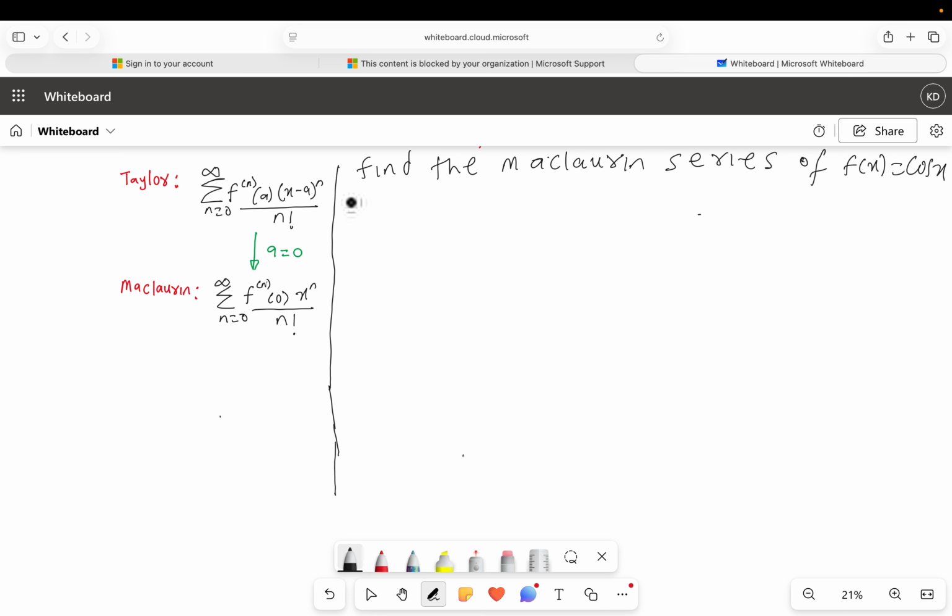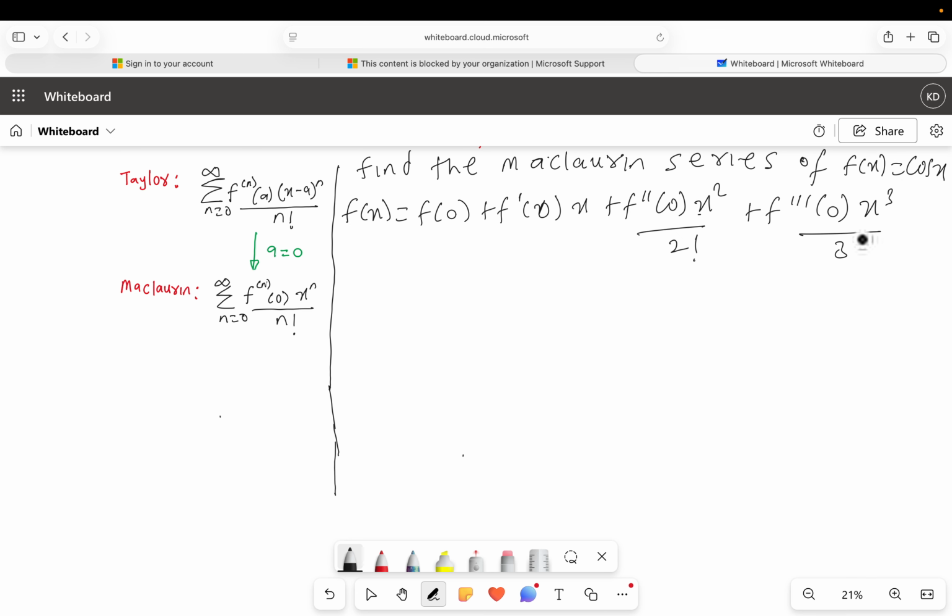So for Maclaurin series, I will just have f of x is equal to f of 0, plus f prime of 0 times x, plus f prime prime of 0 times x squared over 2 factorial, plus f prime prime prime of 0 times x cubed over 3 factorial. That is how it will keep on moving up to infinity.